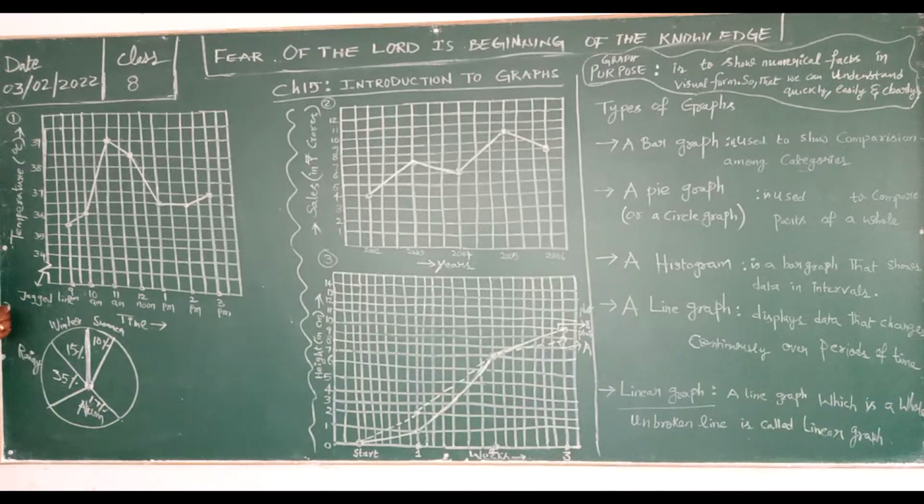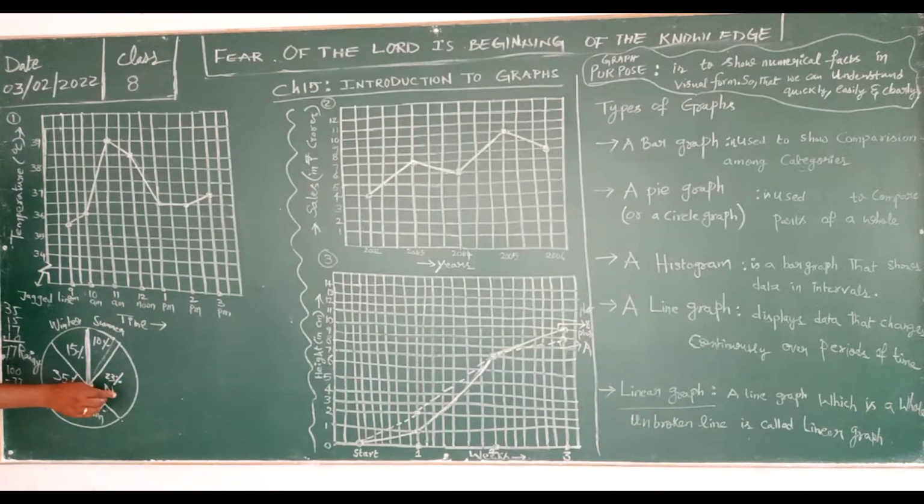Now count here: 35, 15, 17 and 10. How much do you get? 10, 17, 3 plus 3 is 6, 7, 77. 100 minus 77, how much do you get? 23 percent. So this part, which I am showing as an area, is 23 percent.